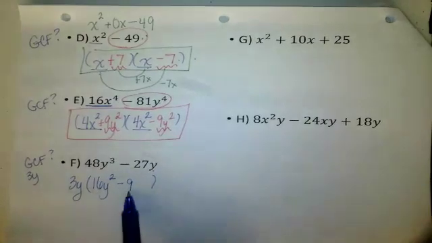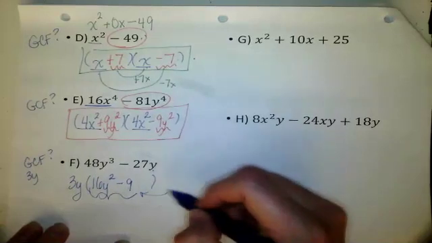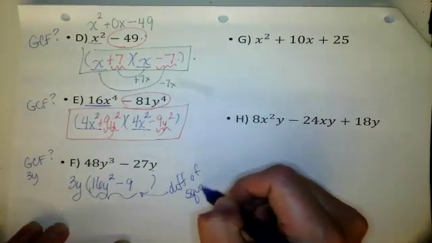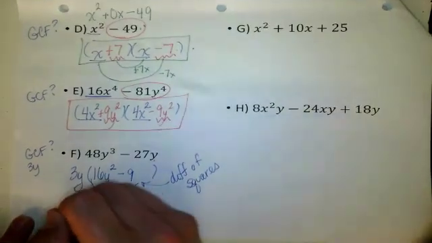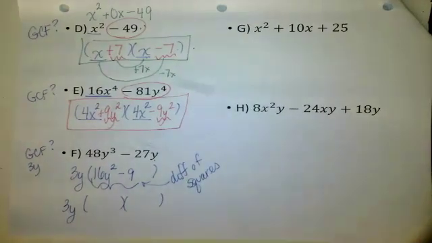Now we can factor even more, because right here inside my bubble, that is difference of squares again. And that's going to double bubble. So sometimes you have to do multiple factoring methods. GCF is always first, greatest common factor first, and then check to see if you can double bubble again.